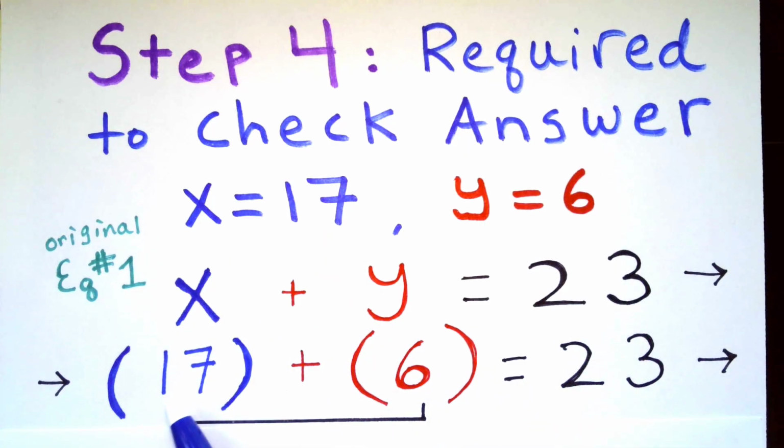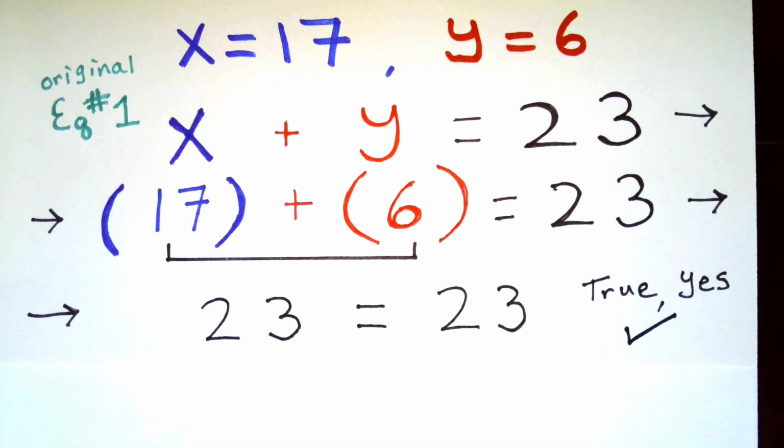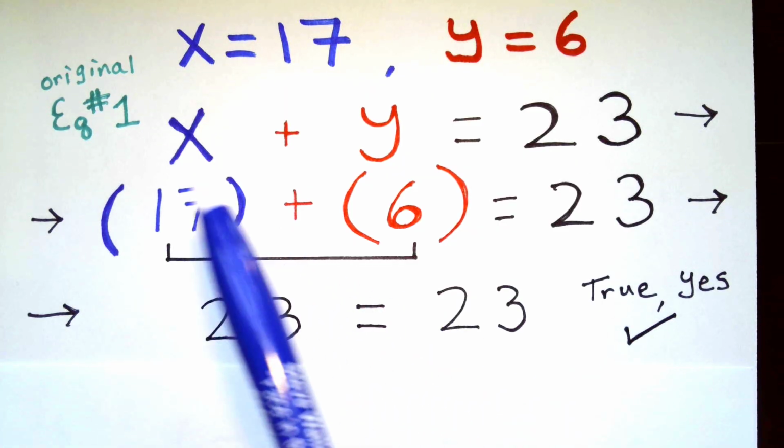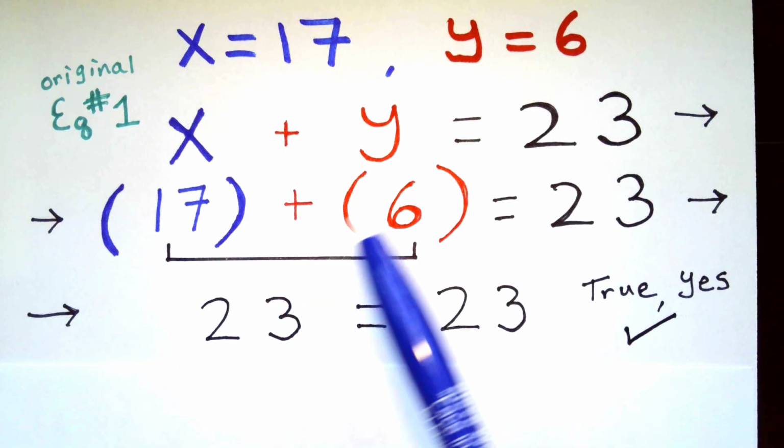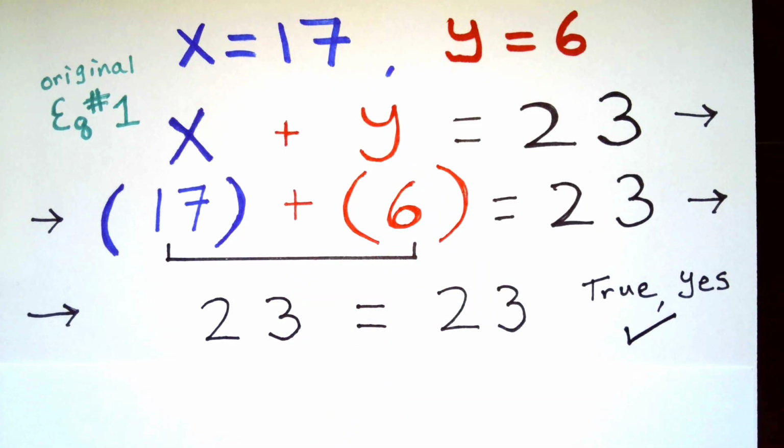If x equals 17, I can substitute 17, plus, if y equals 6, I can substitute 6, equals 23. Now I'm going to combine like terms. What's 17 plus 6? Yes, that's exactly it. 23. Does 23 equal 23? Yes, absolutely. That's a true statement. So far, so good.